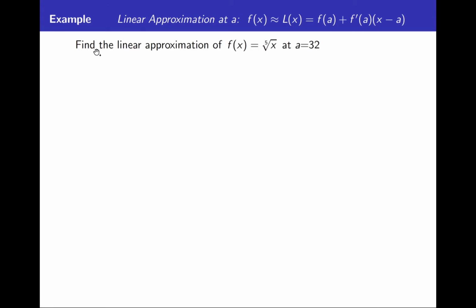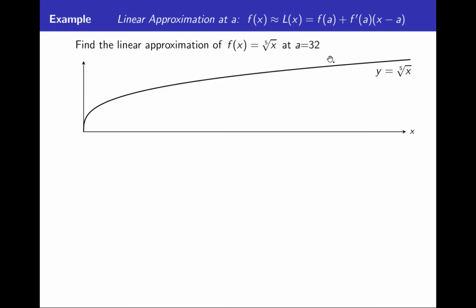In this example, let's find the linear approximation of the function f of x equals the fifth root of x at the point a equals 32. So here's the picture. We have our function f of x equals the fifth root of x, this nonlinear function, and we're interested in the point a equals 32, right here.